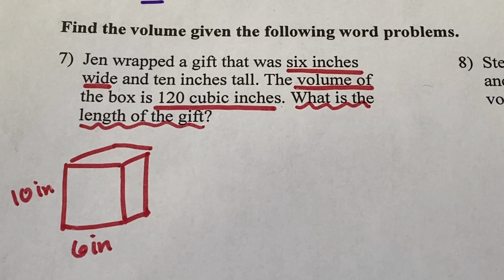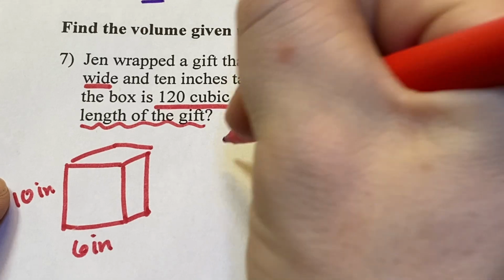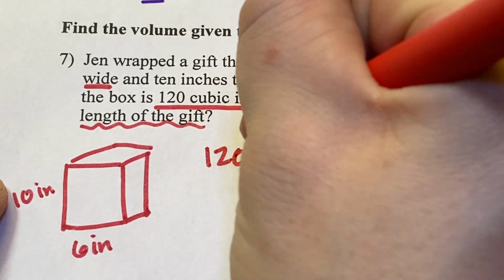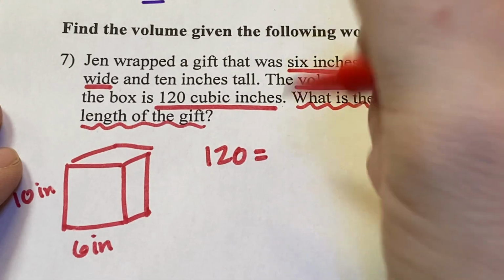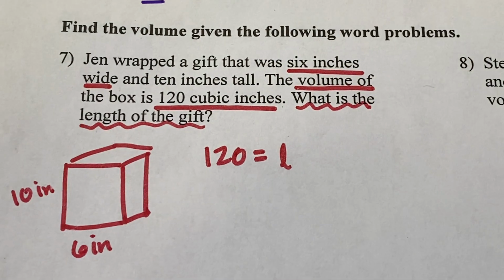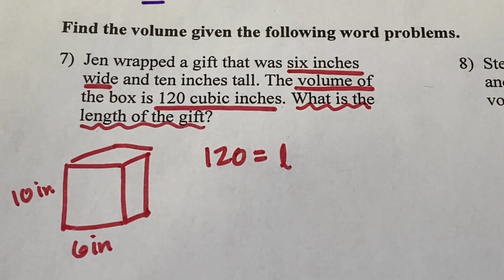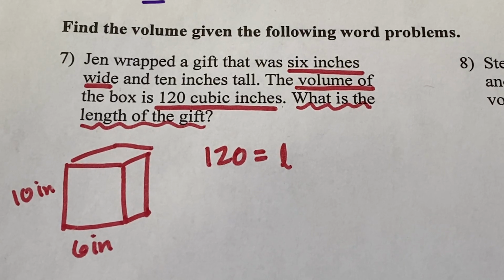This is kind of like a solve for x situation. So we have our volume, which is 120, equals my length, which we don't know. We'll just keep it L. Remember, when we don't know something in math, we just use a variable. We'll call it L for length.